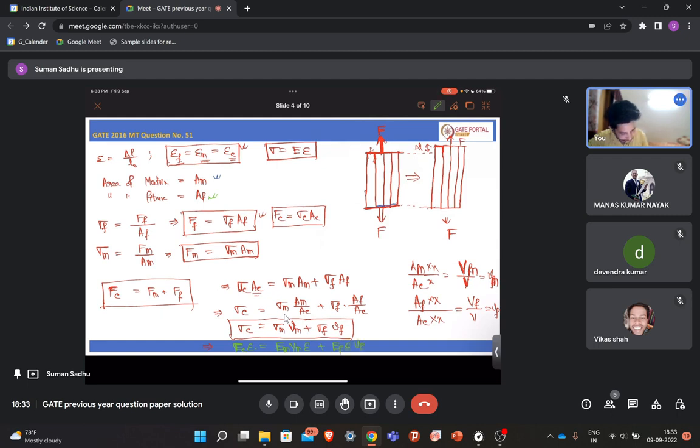So now this epsilon will cancel out because epsilon is same for all the phases, that means polymer and the glass fiber also. So in this case, this equation will be E_c, that means elastic modulus of the composite in the longitudinal direction. So here it will be L for longitudinal direction. So it will be equal to the elastic modulus of the matrix into volume fraction of the matrix plus elastic modulus of the fiber into volume fraction of the fiber.